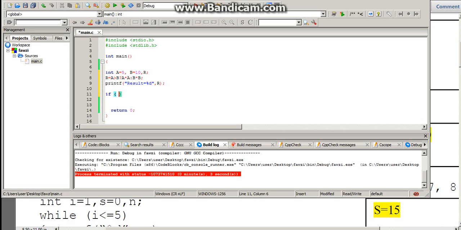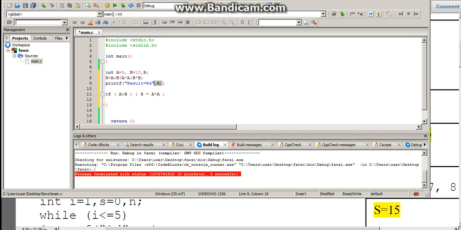We write this one, A capital and B capital. This is the checking. Then write this one: R is gonna be equal A multiplied by A. Close it.